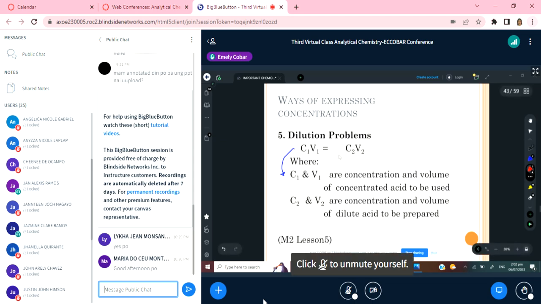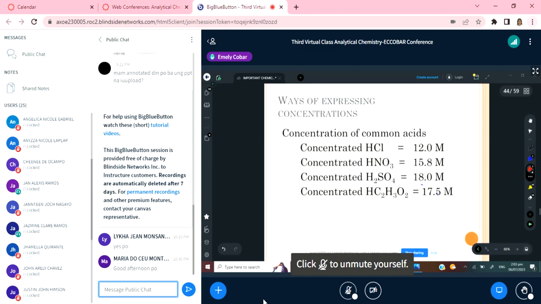Kadalasan, ang unknown lang is yung volume ng concentrated solution or ng stock solution mo. Yun lang yung unknown, yun ang hinahanap. So, alam mo yung concentration ng stock solution or ng concentrated acid. Then, yung ipe-prepare mong solution, alam mo yung concentration at saka yung volume. Okay? So, isa lang ang hinahanap for this formula.